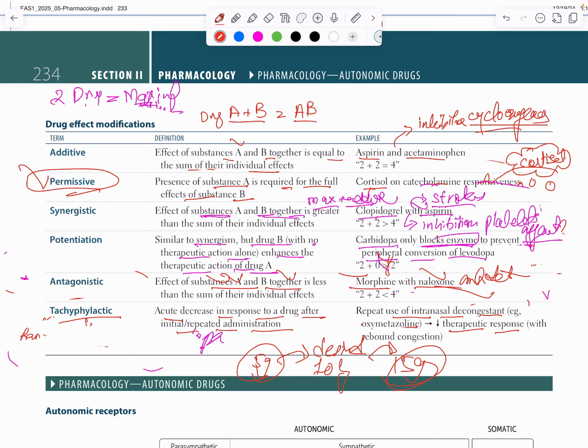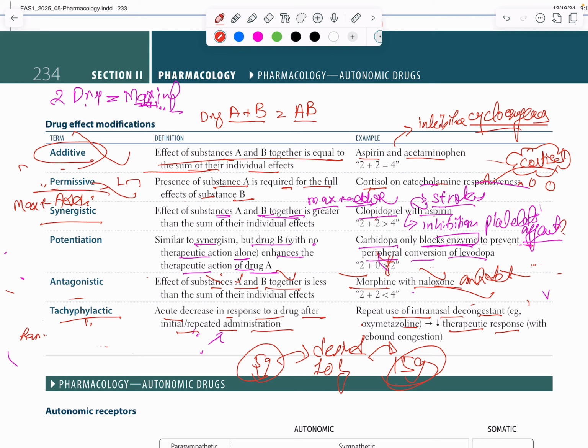Again, I want to summarize. The additive effect is the sum of the effects of two drugs. Permissive: one drug needs to help another to give its maximum effect. Synergistic: maximum effect plus additional effect.